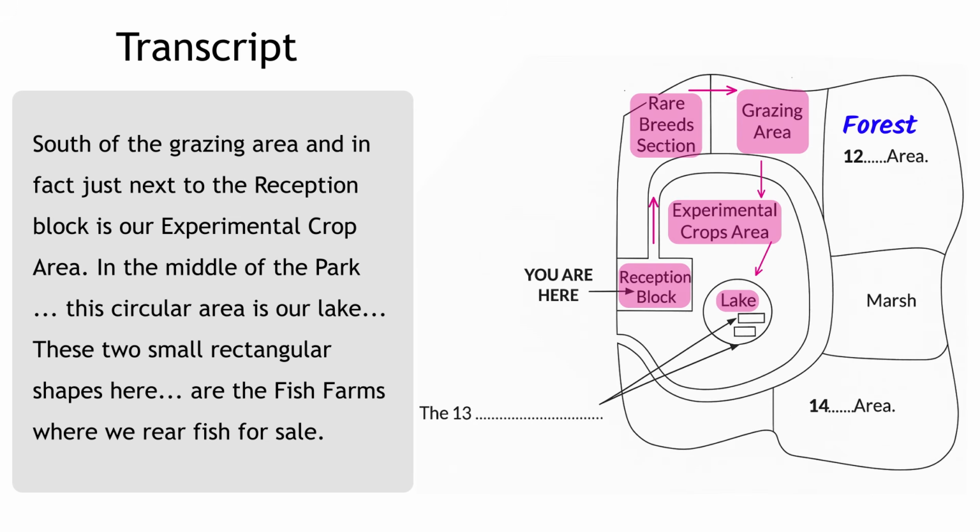"These two small rectangular shapes here are the fish farms." This is the name. Fish farms is the correct name here. Sometimes, you see how it describes these two small shapes here. So the correct answer is fish farms, where we rear fish for sale.